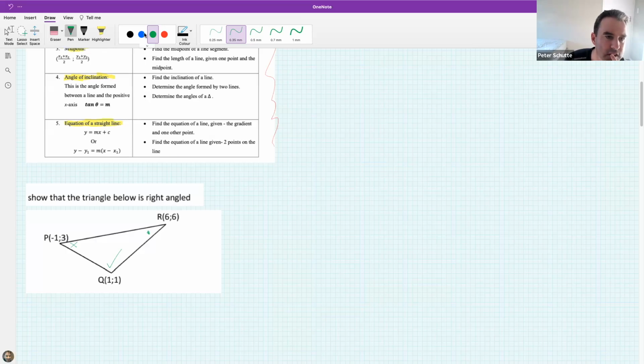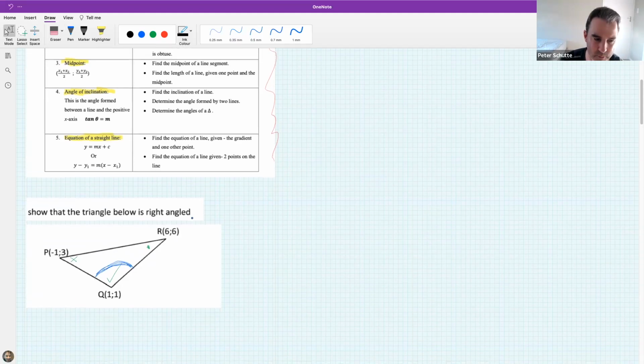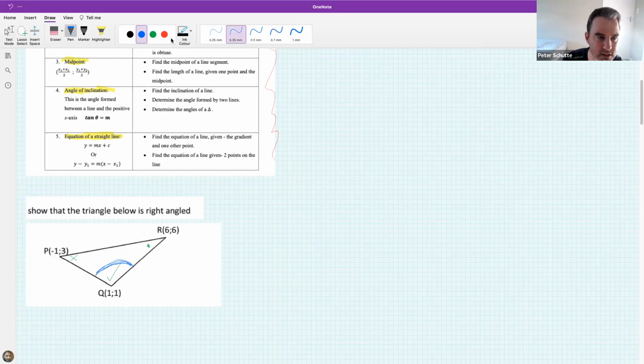So if we look at these ones, I think that the Q is the most likely, but I still need to prove it using mathematics. So I'm guessing Q. So how do I prove something is 90 degrees? Well, in the previous lesson, didn't we talk about proving lines were perpendicular? What did we need to show that lines were perpendicular, which means the same thing as 90 degrees?